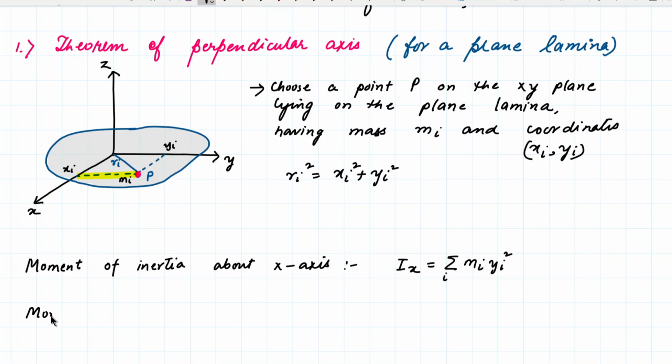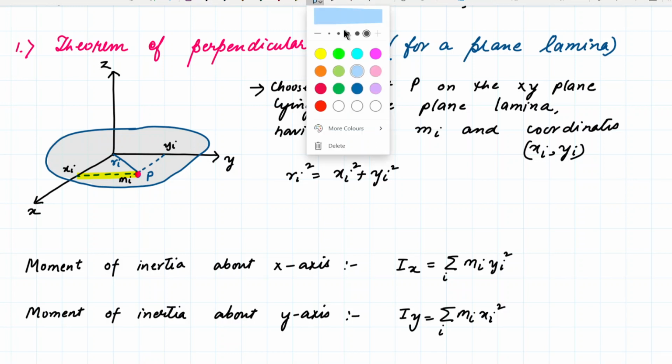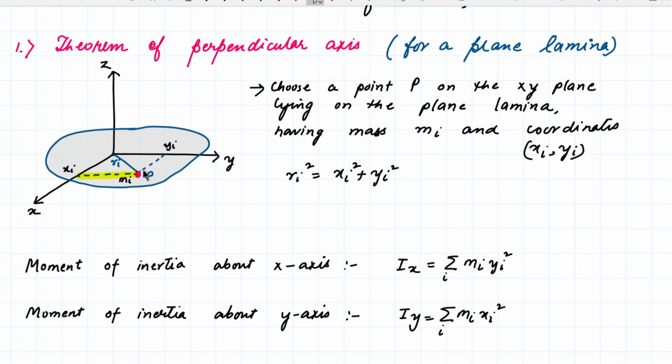If I want to find out the moment of inertia about the y-axis, then what will it be here? About the y-axis, this is the sum over mi and the square of the xi distance from the y-axis, which is xi square. The square of the distance from the y-axis of each mass element. Okay.